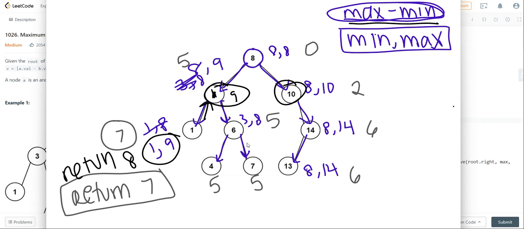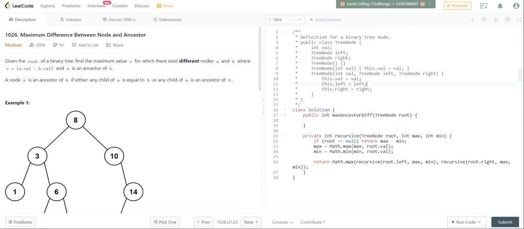You don't need to check in these intermediate spots, because if you go down, you're only changing the max and min. And that means you're only going to increase the difference between max and min. You're never going to decrease it going downwards, because all you're doing is increasing that gap between the two numbers. So that's why you don't need to check at this spot max minus min.